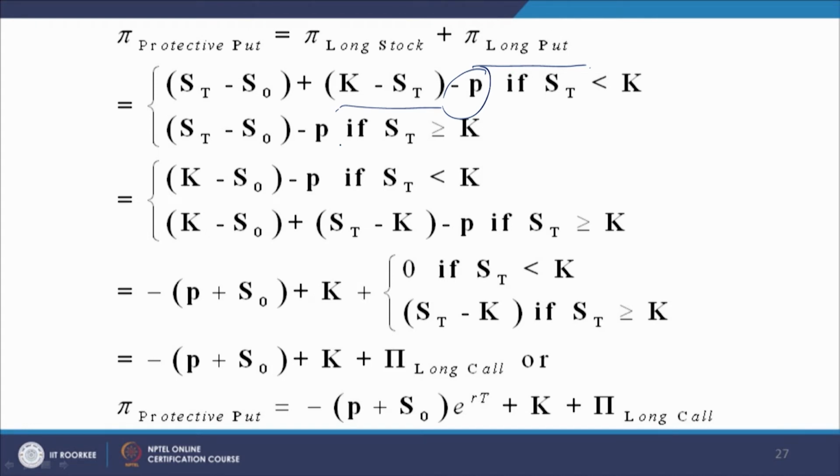When you simplify this expression, which is similar to what we had earlier, you can see that capital pi of protective put is equal to K minus S0 plus capital pi of long call. This is easily seen by the algebra that is here; it's quite elementary.